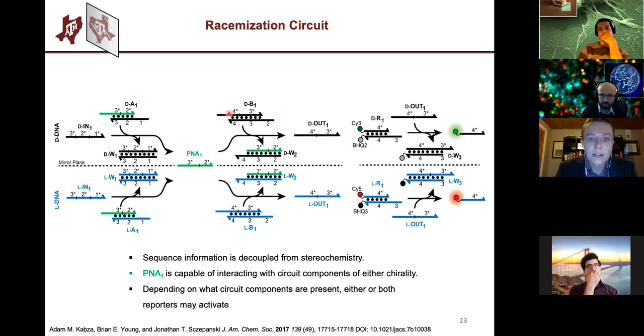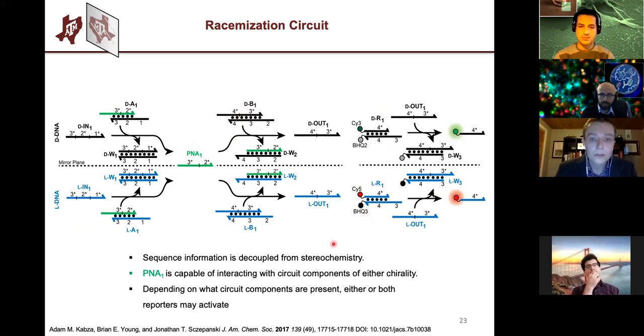But if we did not include this DB1, and we put an input in, we would track only fluorescence of the L reporter, despite the D reporter being present. And you can do the opposite, going from L into the D stereochemistry.